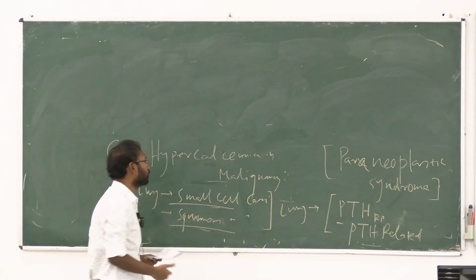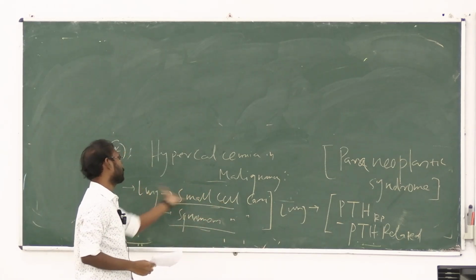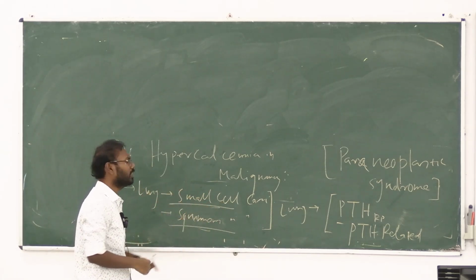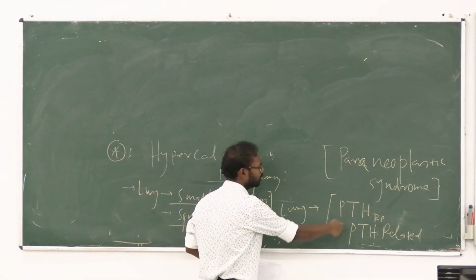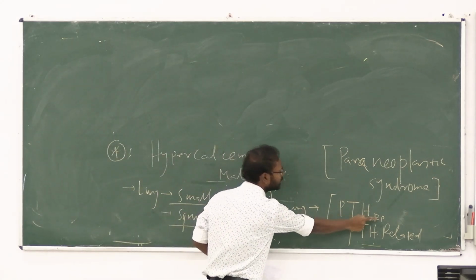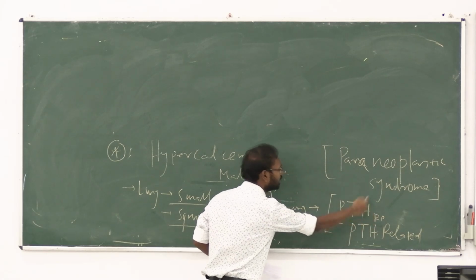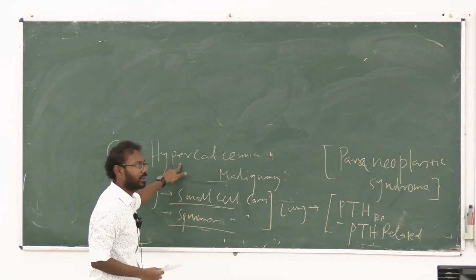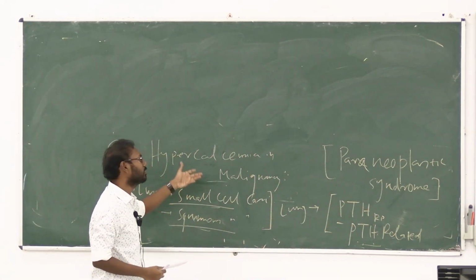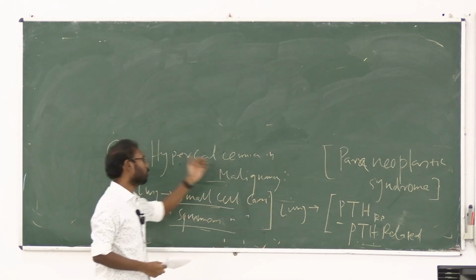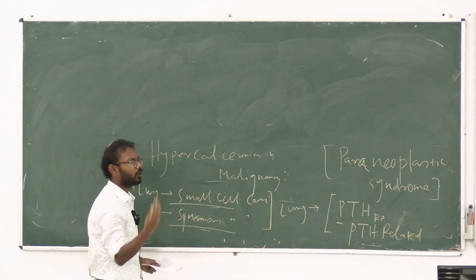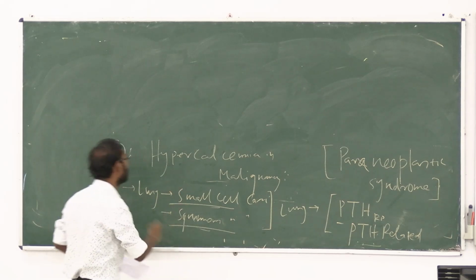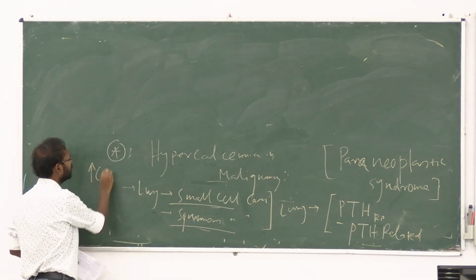In case of lung carcinoma, paraneoplastic syndrome, like small cell carcinoma and squamous cell carcinoma, there is a specific protein or peptide named PTHrP, meaning PTH related peptide, which can increase calcium level. On examination, you will see elevated level of PTHrP, and also high serum calcium.